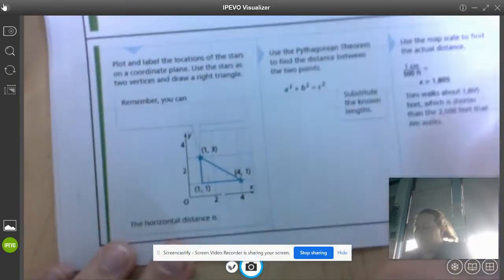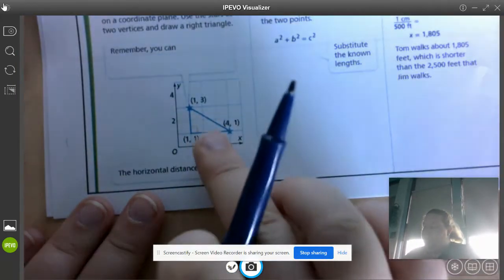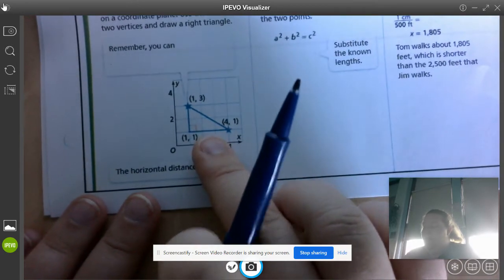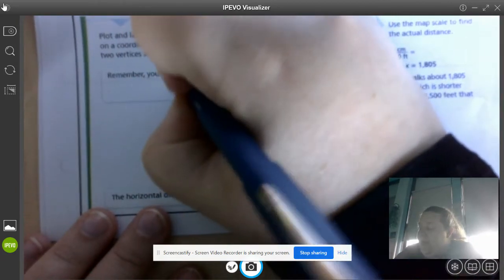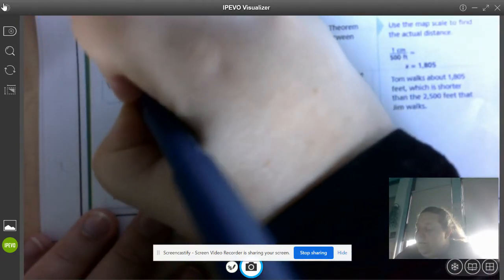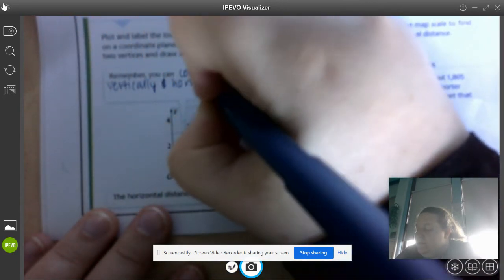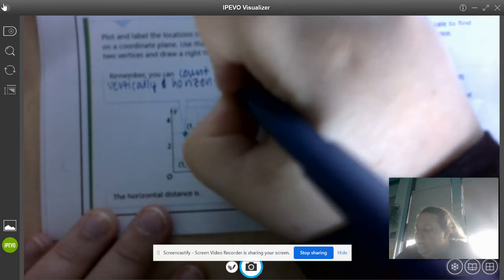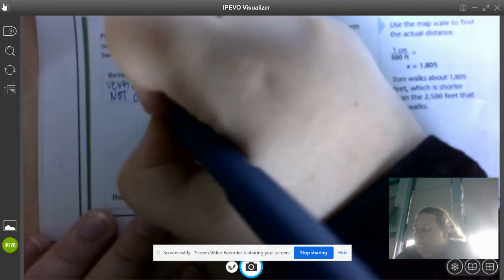Breaking that down step by step, they took this triangle from the map and put it on a coordinate grid for us. So remember, you can count vertically and horizontally, not diagonally.